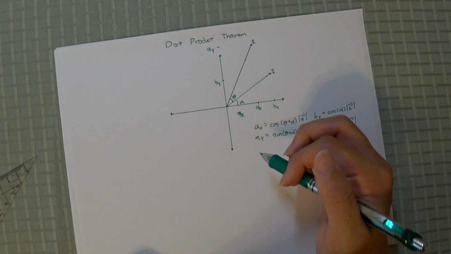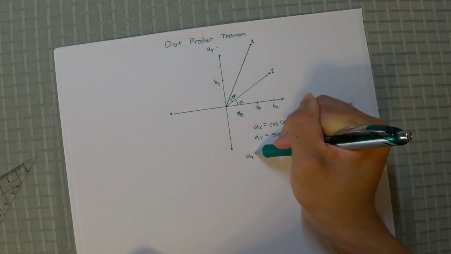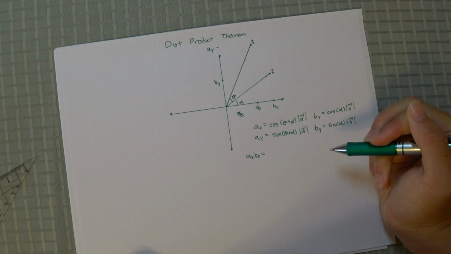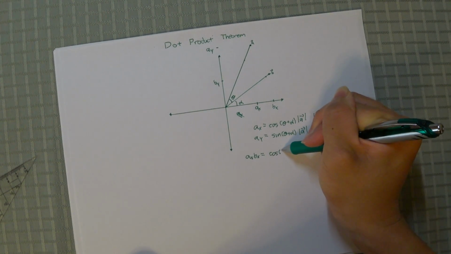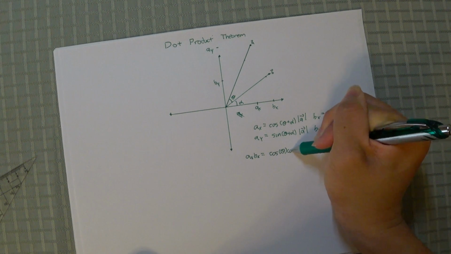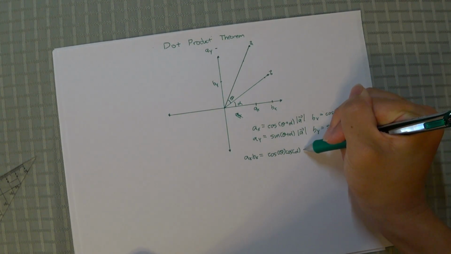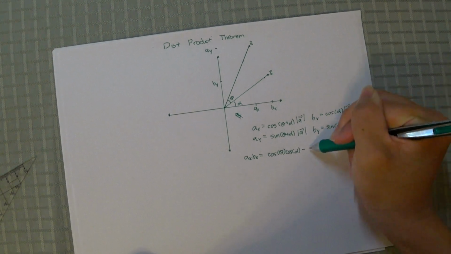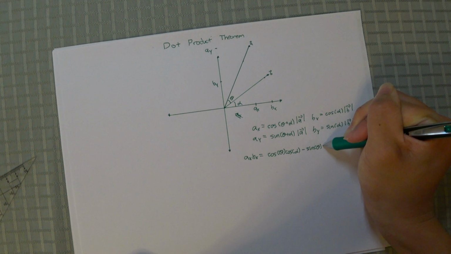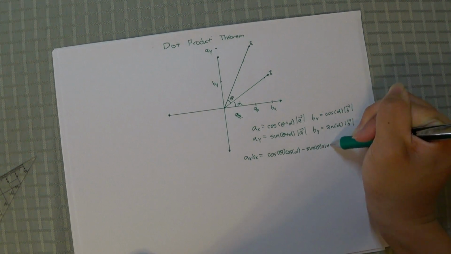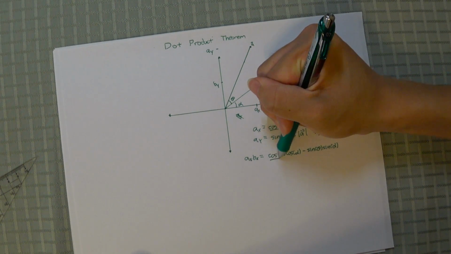So AX times BX would equal cosine of theta times the cosine of alpha minus the sine theta sine of alpha. So this is basically that.